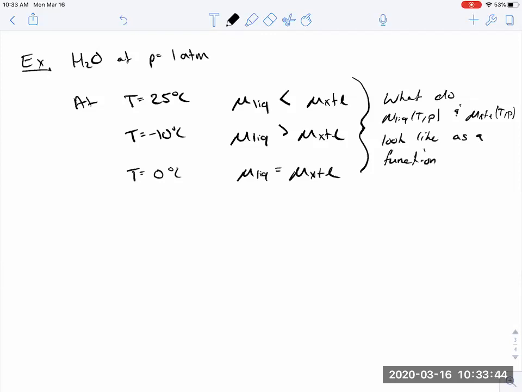Or just for simplicity, as a function of the temperature. All right, so let's try to make a plot of the chemical potential versus the temperature. An important point will be 0 degrees C.